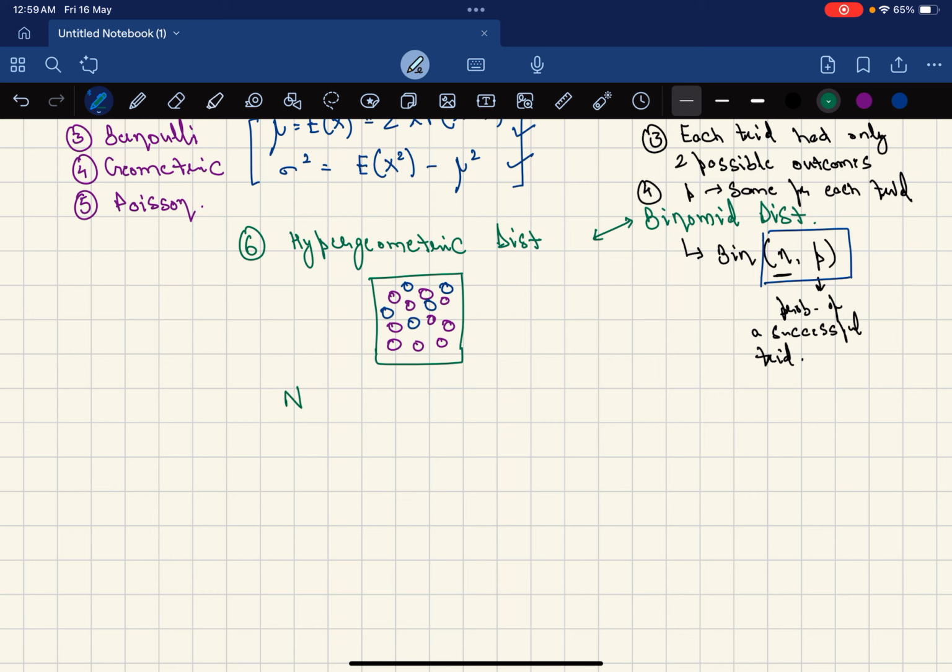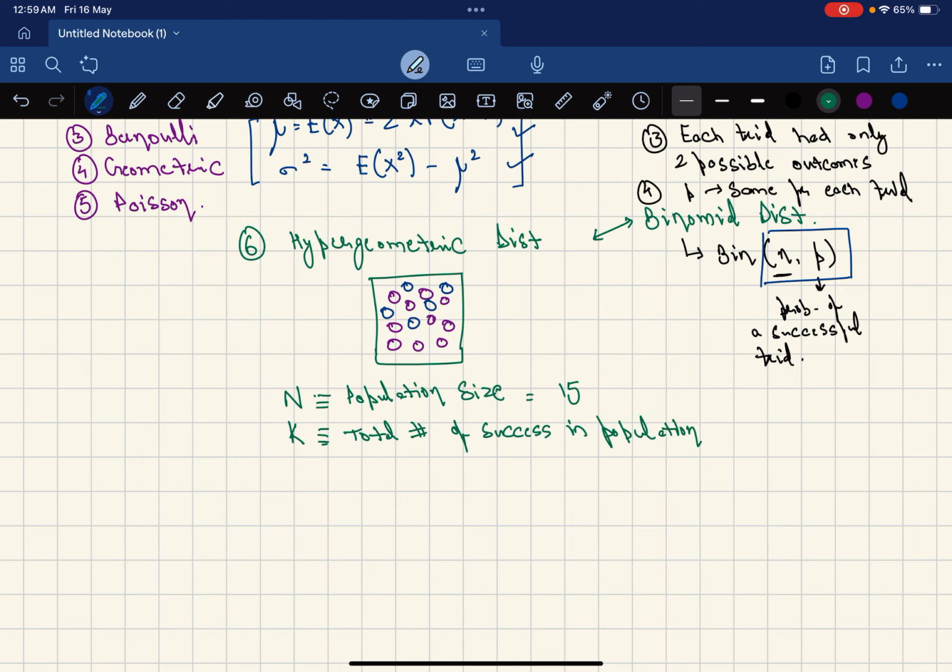Capital N denotes the population size, which is in this case 15, since the total number of balls in the box here is 15. So capital N is nothing but the total number of balls in this case. Now the next parameter we have is capital K, which is the total number of successes in the population.